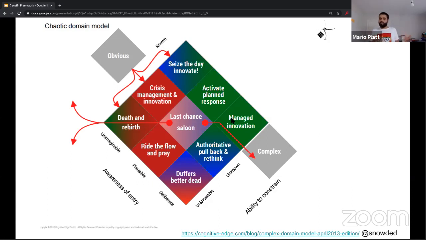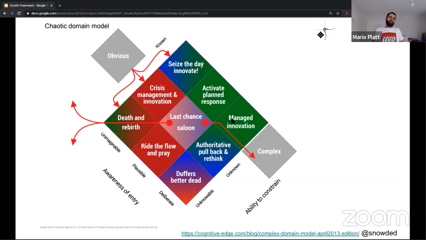Obviously, from a business point of view, and this is not a cybersecurity model, this is a way of thinking about the world. It's where companies can go in to radically innovate new products, new services, enter new markets, those kinds of things. So Dave Snowden recommends actually having an innovation team which triggers in parallel with crisis management teams, so we can be more deliberate about making the most of crisis situations.